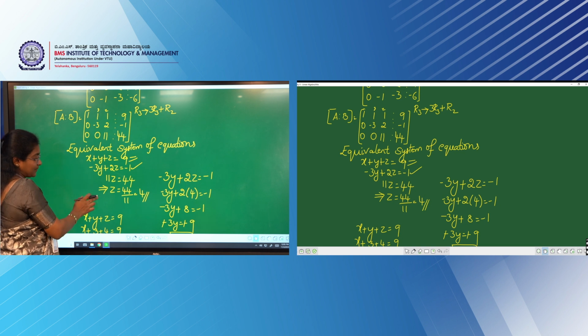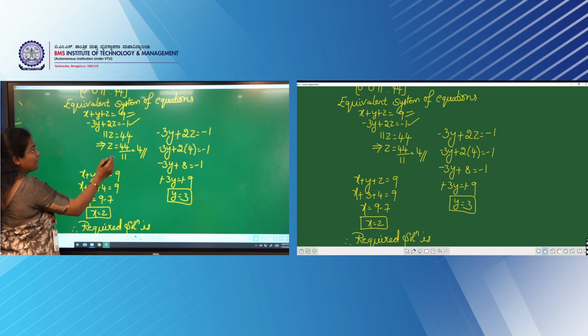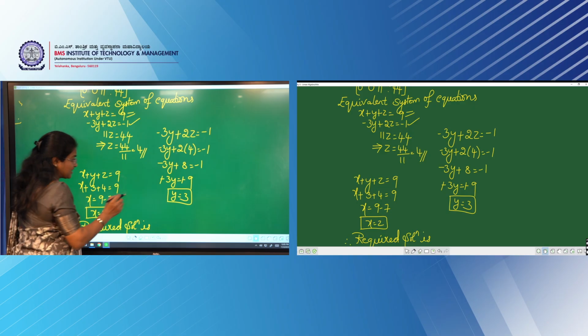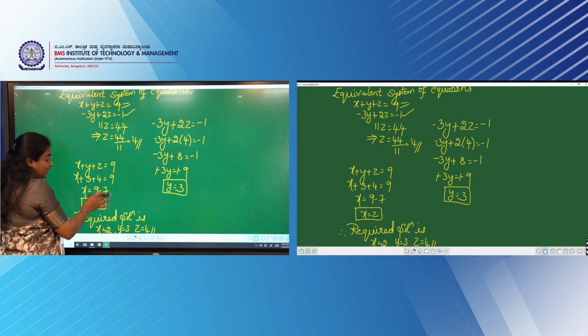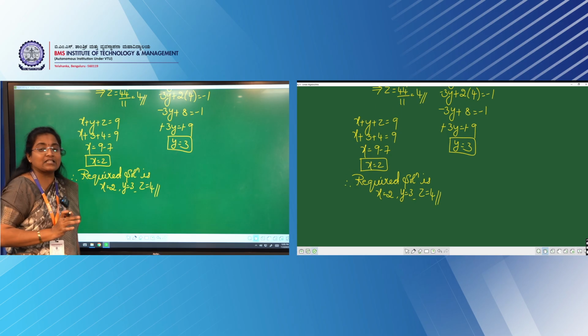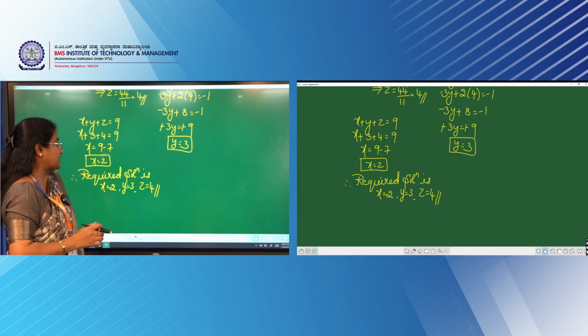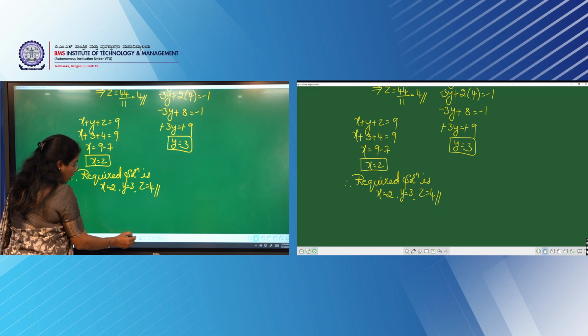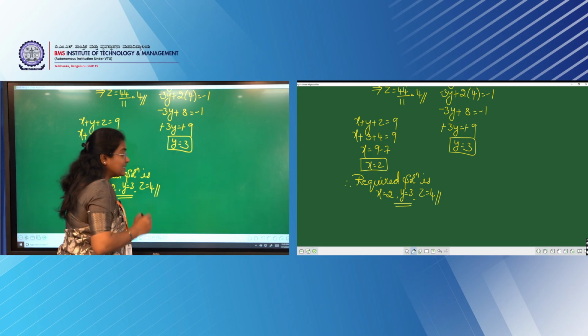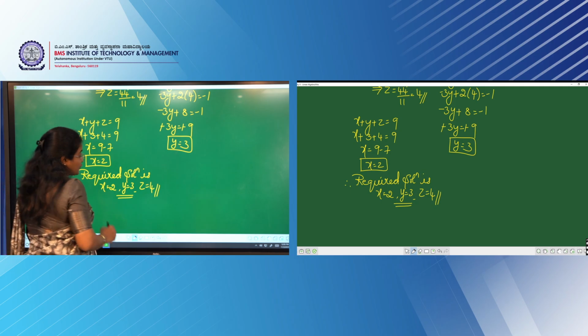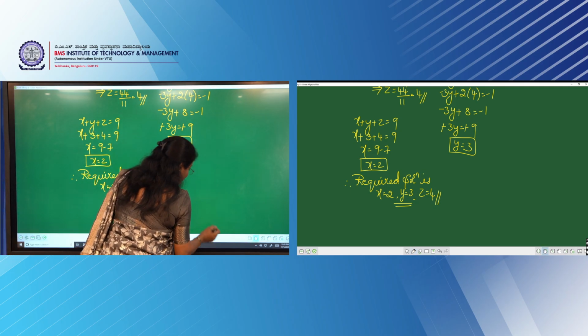By back substitution, we first found z, next y, then x. So the required solution using Gauss elimination method is x is equal to 2, y is equal to 3 and z is equal to 4. So this is Gauss elimination method.